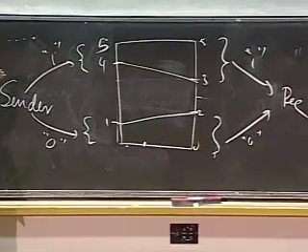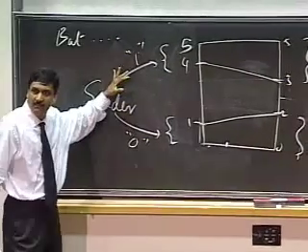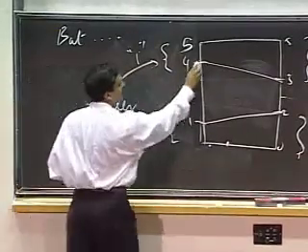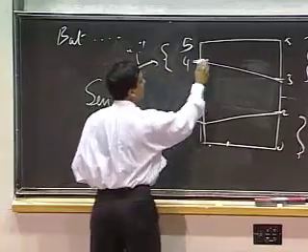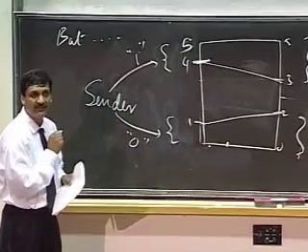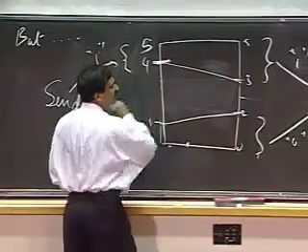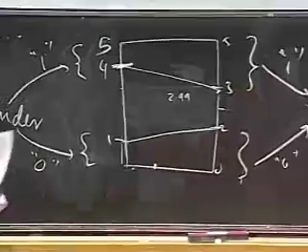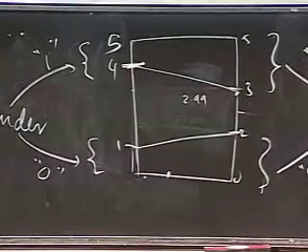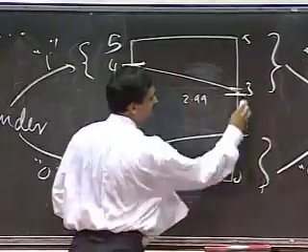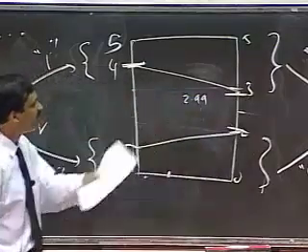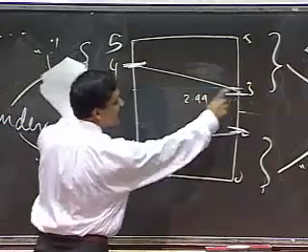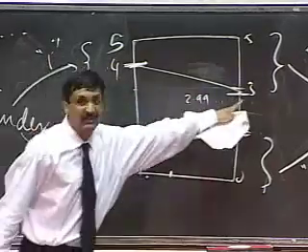Can someone tell me what's the noise margin here for a 1? 1 volt. And the reason is that the lowest voltage a sender can send is 4 volts. If the 4 leaks down to 2.99, that's in the forbidden region. I'm in trouble. Notice that the lowest value that the receiver can receive is 3 volts.